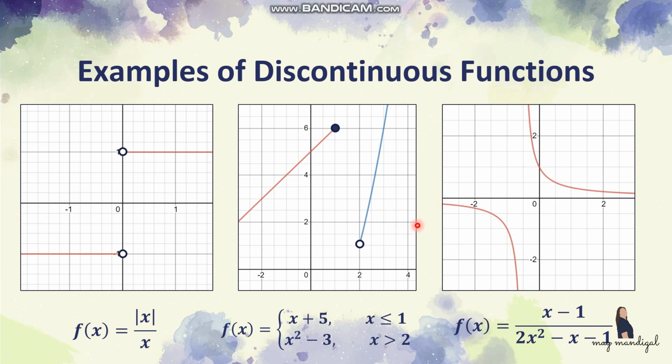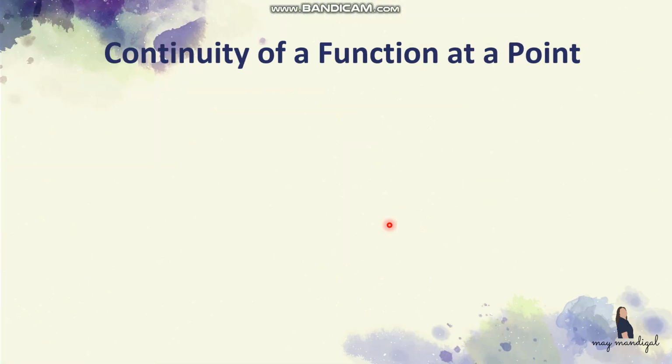So all you have to remember is that for a continuous function, first, there should be no breaks, no holes or gaps in between, and you can trace it without lifting your pen. And the function should be defined for all real numbers. And then the other way around is what we call the discontinuous functions. Now, when can we say that a function is continuous at a certain point?